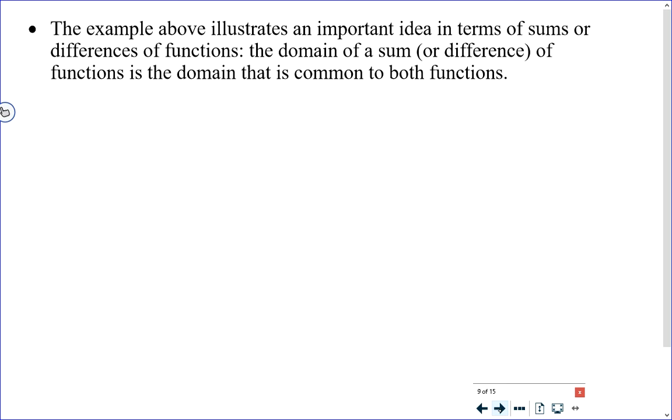You have to be looking at where the functions are both defined. And in terms of domain, that means the domain that they have in common. You can also think of this as saying it's where the two graphs overlap horizontally.